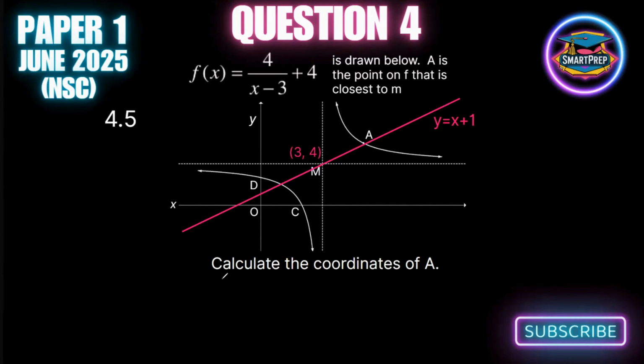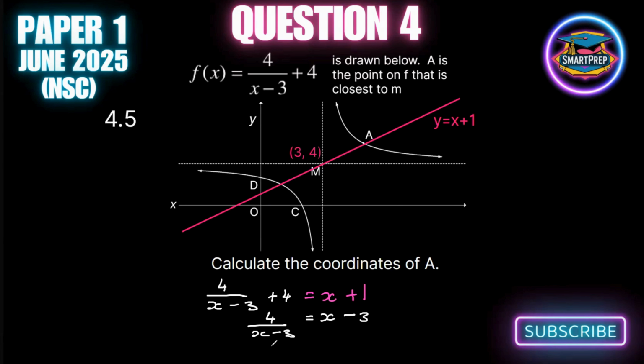So we can say 4 over x minus 3 plus 4 is equal to x plus 1. Now we can take our 4 across, so it becomes minus 4 on the other side, and we end up with 1 minus 4, which is minus 3, and so we'll have 4 over x minus 3.